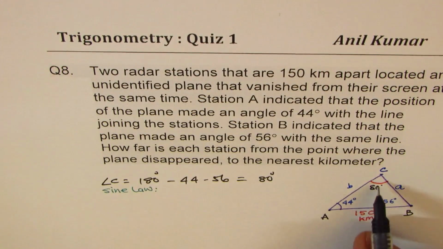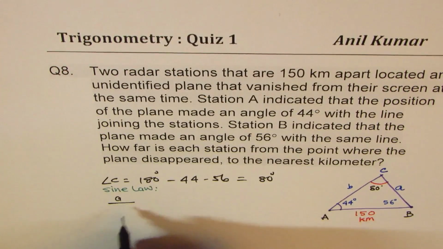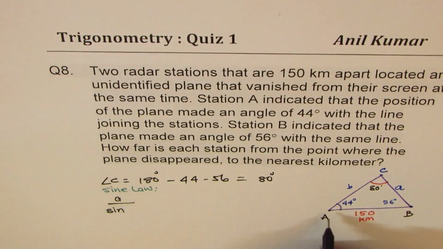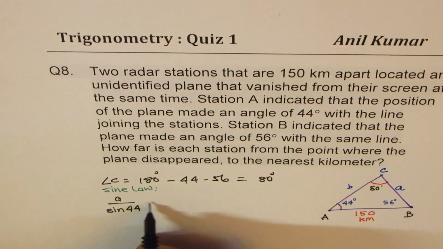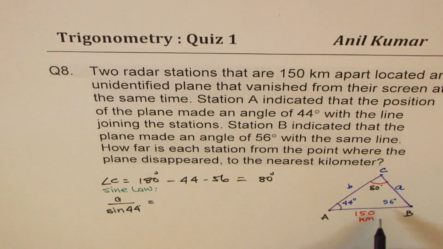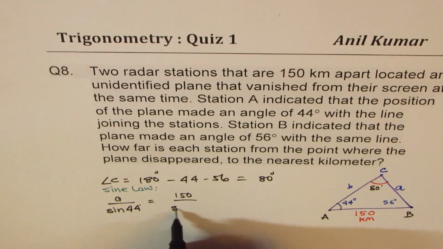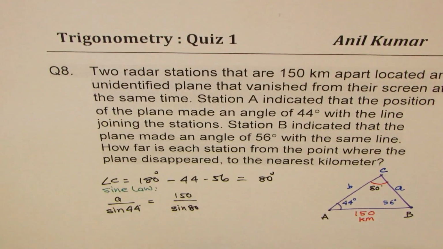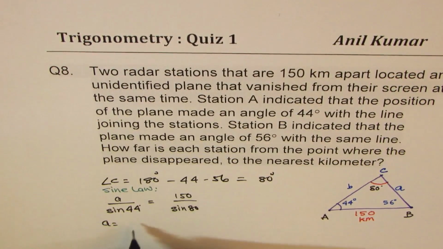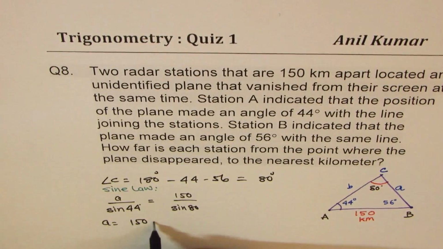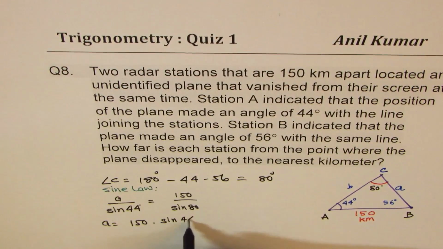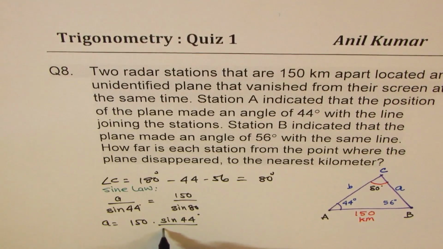Now what is known to us is this combination. Perfect. So we can write A over sine of angle A, which is 44 degrees, is equal to side of 150 kilometers over sine of 80. So A is equal to 150 times sine of 44 degrees divided by sine of 80 degrees, correct?